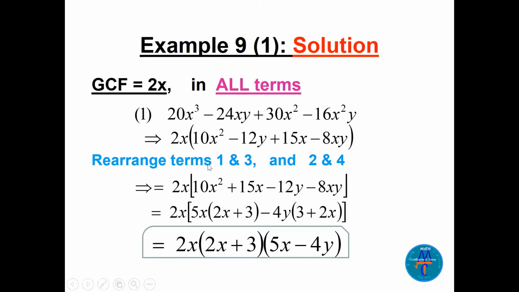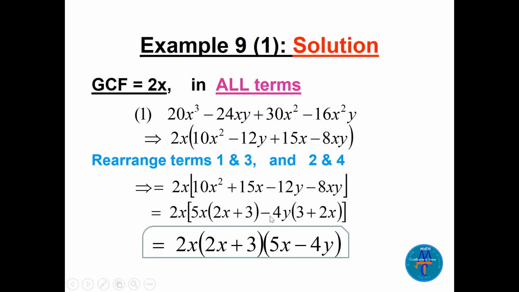Now let's see here. What is common if I use grouping here? 10 and 15, there is a 5 common, x squared and x, there is an x. So now you can divide 10x squared by 5x, you get 2x. 15x divided by 5x, you get 3. Now here we have, remember, minus 12 minus 8.